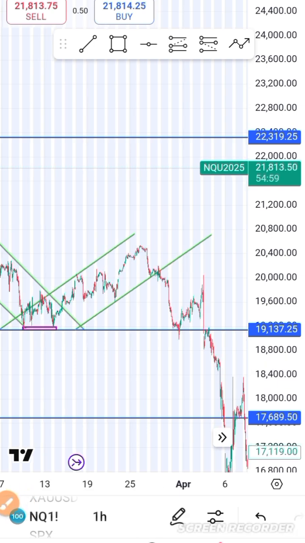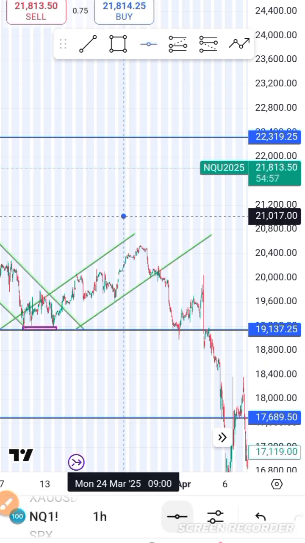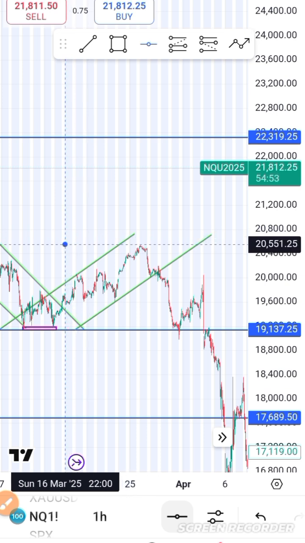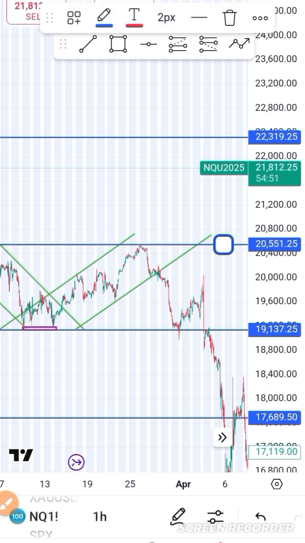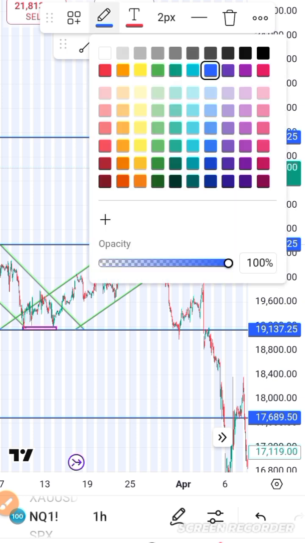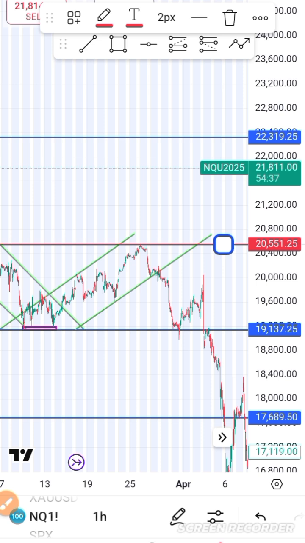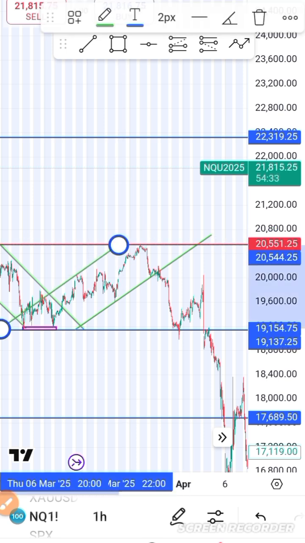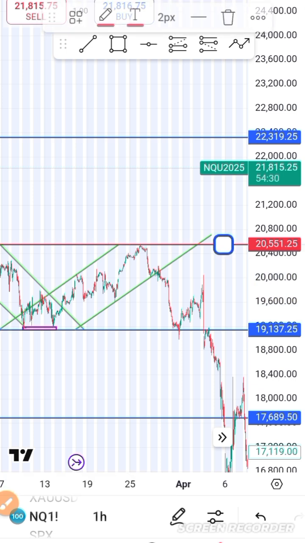So I'm going to put a resistance here, because this is where the market reversed, and when it goes down, I hope someone can understand that your support can become resistance, your resistance can become your support. So I'm going to put red here. This is resistance, shows danger. So as you can see here, yeah.